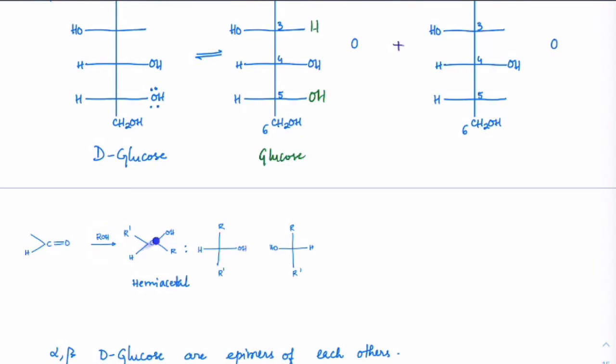I will get a hemiacetal. Dry HCl will definitely help the reaction happen. But if dry HCl is not there and only aqueous solution is there, these two will exist in equilibrium. Slowly this will start converting into the hemiacetal and the hemiacetal will convert back.